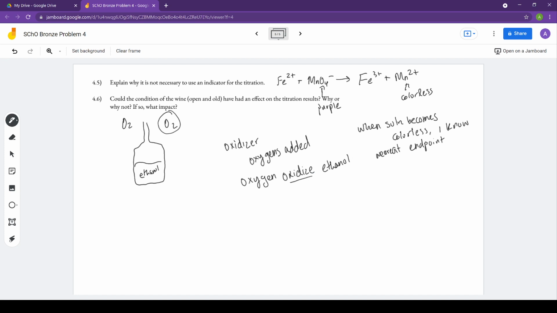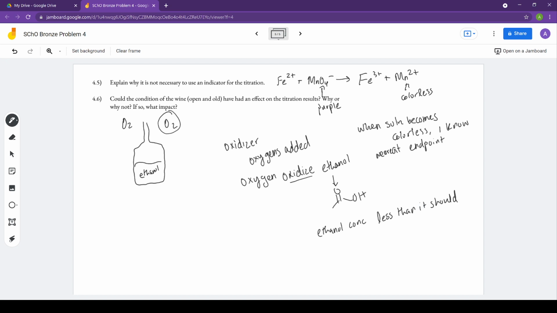So basically, your ethanol is going to get oxidized to your ethanoic acid before you even do the titration. So what is this going to mean? This is going to mean that your ethanol concentration is less than it should be, right? And what does that mean?